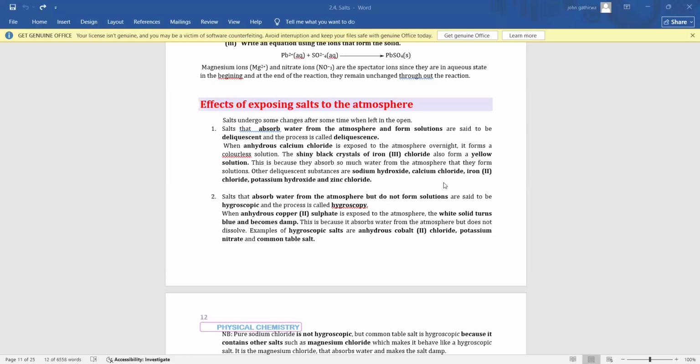What are we going to consider there? There are factors to be considered when we are preparing a salt using a base and an acid, or a basic solution and an acid. What do we consider? Yes, 26, 601.